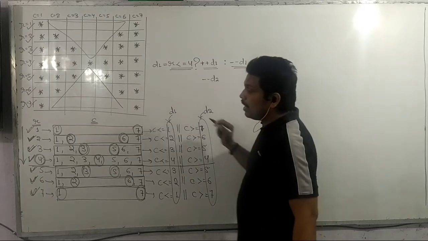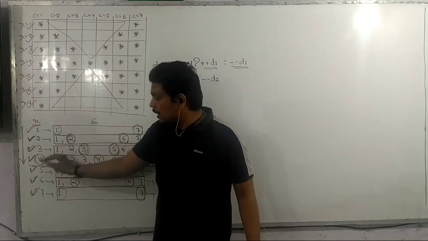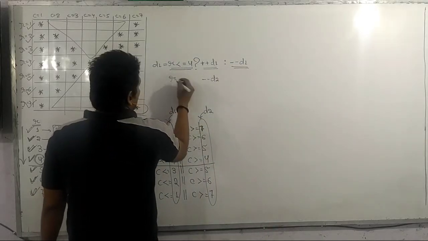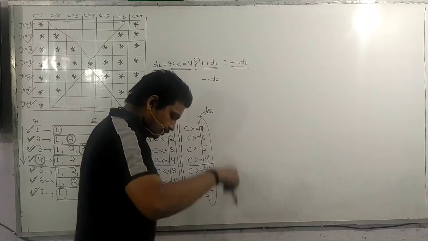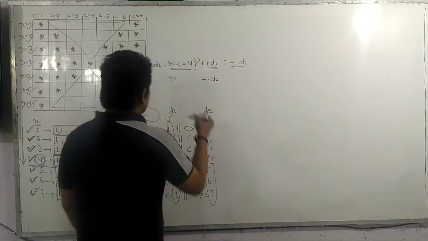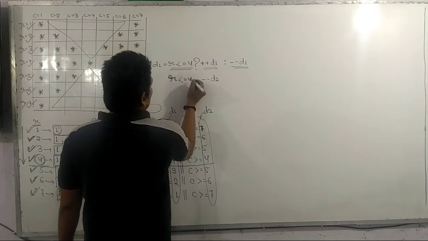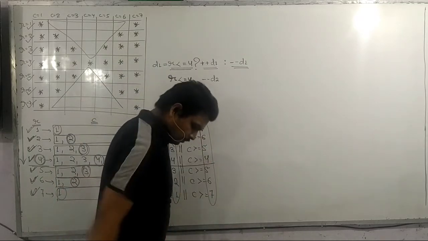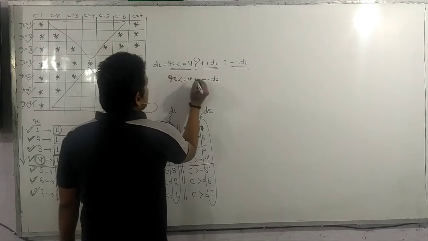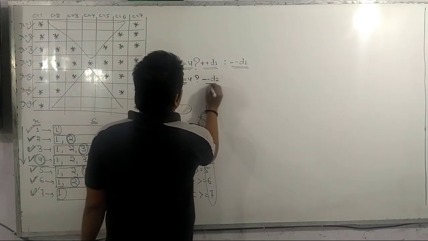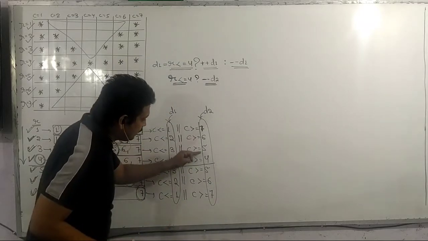The condition is when R is less than or equal to 4. When R is less than or equal to 4, okay, so it is --D2. The value of D2 is decreasing.